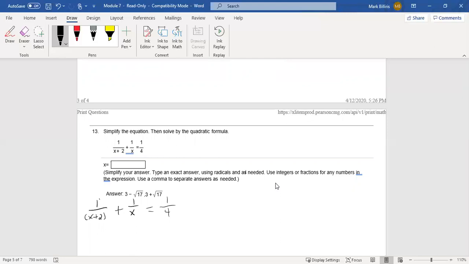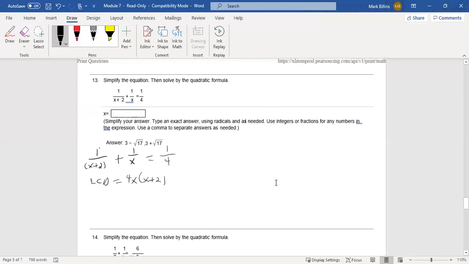So what I'm going to do, just as we did in the past, is multiply each term by the LCD. In this case, the LCD is going to be 4x times x plus 2. So I'm multiplying each term by 4x times x plus 2.